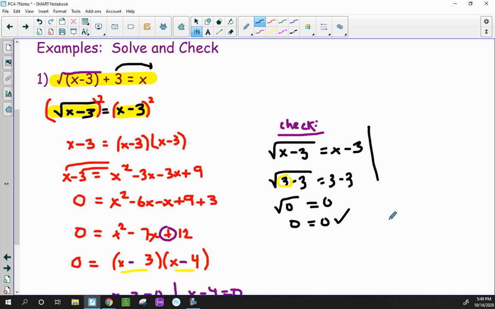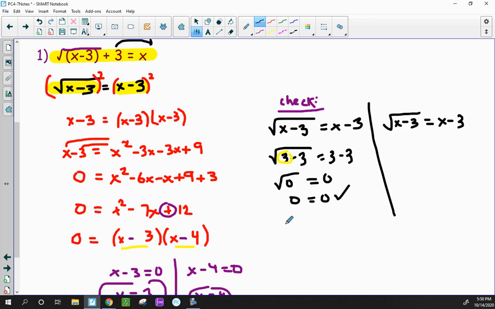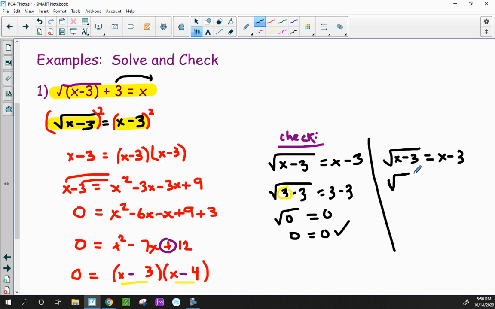Alright, and then we have to check the other one too. Now we have to take the same problem, write it to the side, and again you'll have to show all of these steps. These problems aren't difficult, they're just sometimes lengthy. Now you go back and you take 4 and put it in place of x.